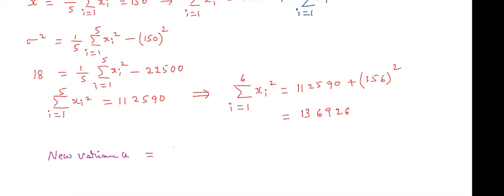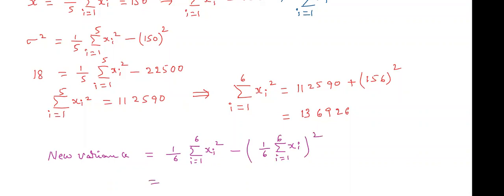That's equal to 1 by 6 into sigma xi square, where i is equal to 1 to 6, minus 1 by 6 into sigma xi, where i is equal to 1 to 6, whole square.